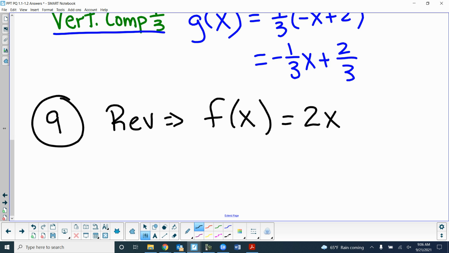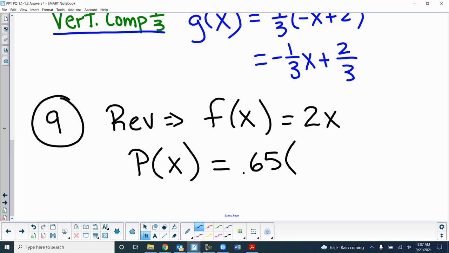That's how much money you get for them. And your profit, remember, we use p of x, p for profit, equals $10 less than 65% of the revenue. So 0.65 for the 65%, right?